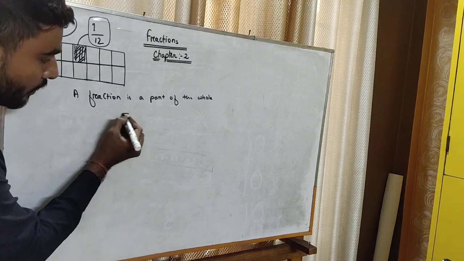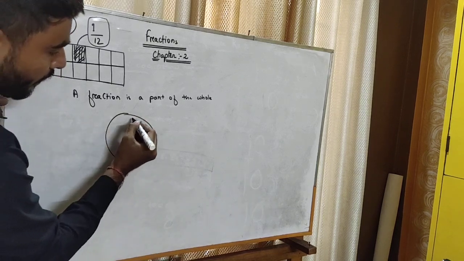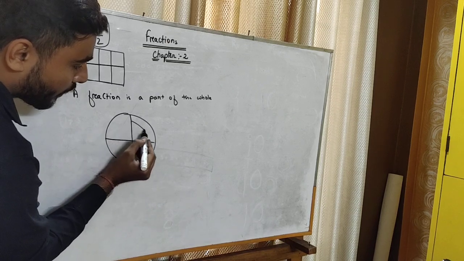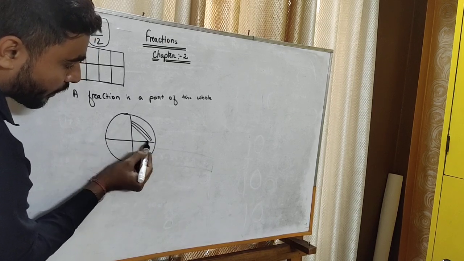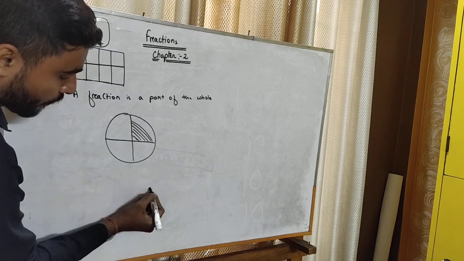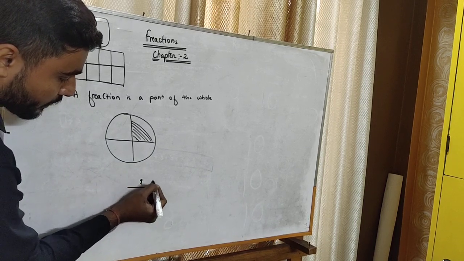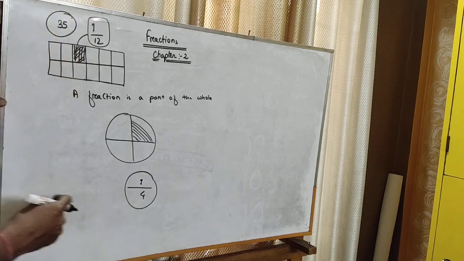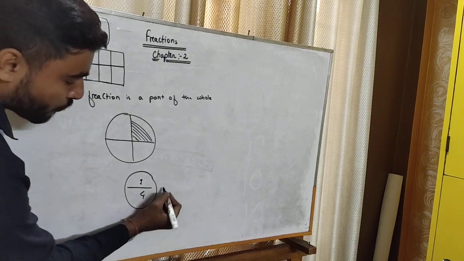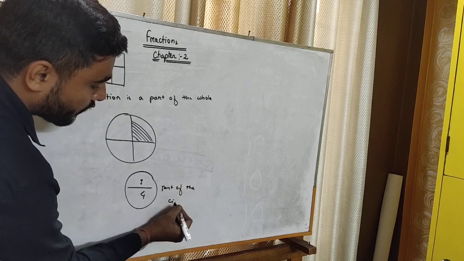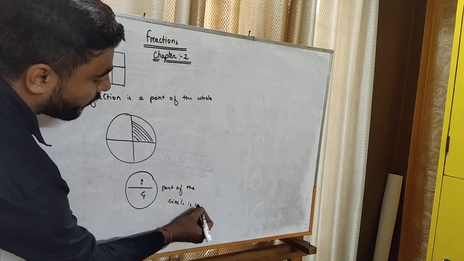Suppose I draw a circle and I have divided it into 4 parts. Now I want to color it, so I have colored this part. The whole circle was divided into how many parts? Total 4 parts, and out of that 4 parts, 1 part is colored. So 1 by 4 part of the circle is colored, I can say.